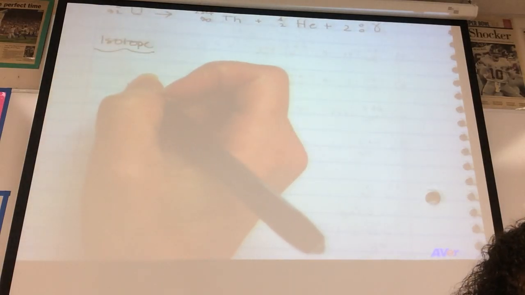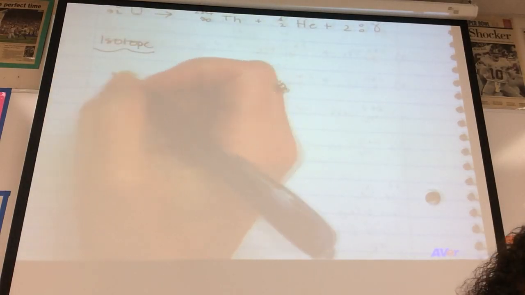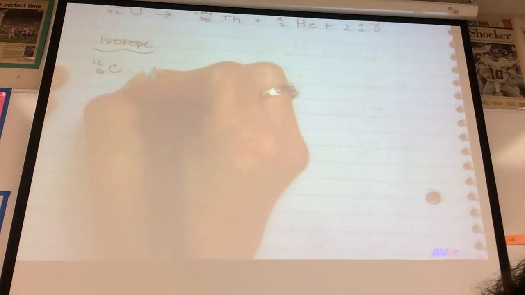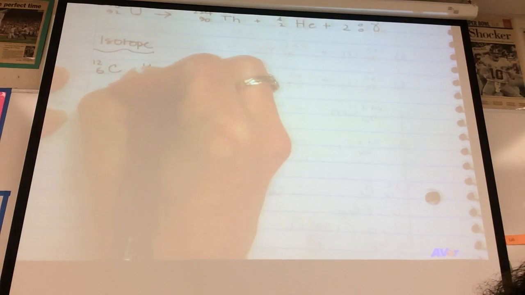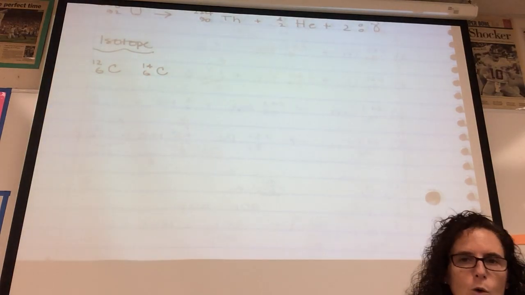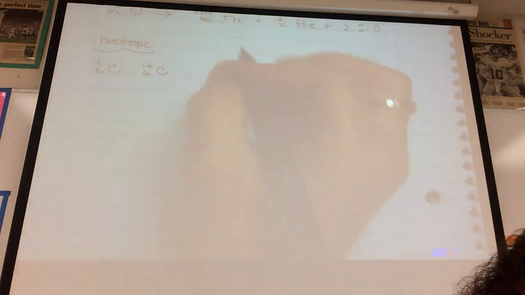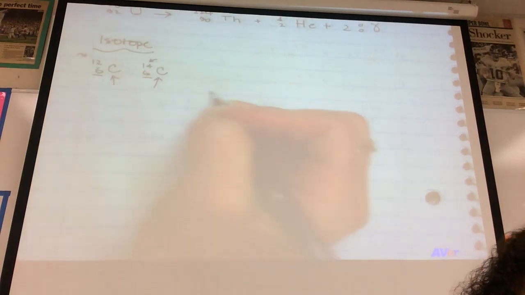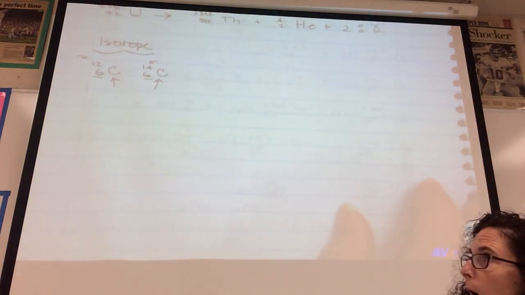Is it the same element? Yes, it is. So, for example, you can have carbon-12 and carbon-14. And those are isotopes, atoms of the same element. You have the same atomic number, but different mass numbers due to different number of neutrons.